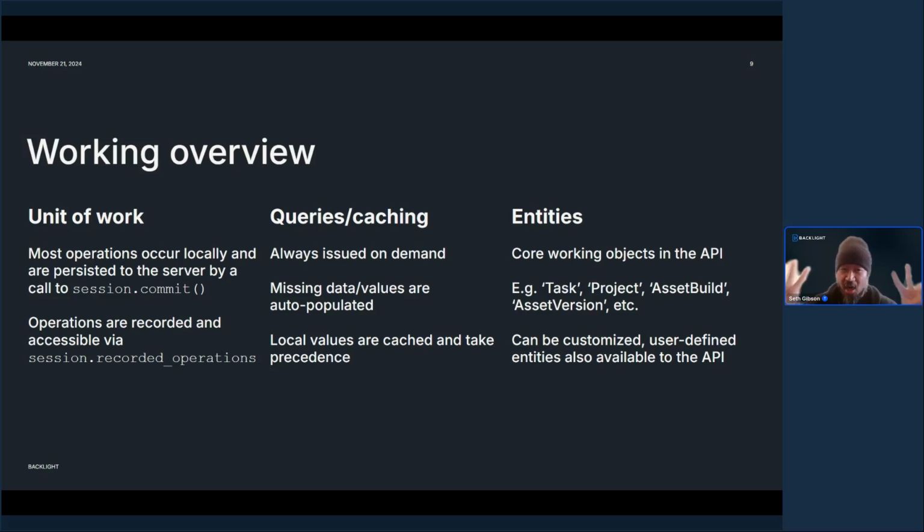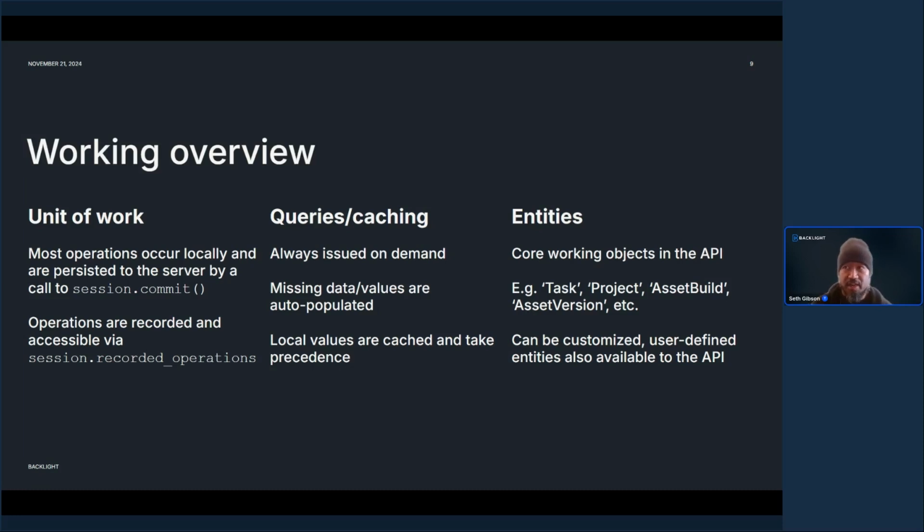So that's on demand, but it's not a query per se, in that you're not saying session.query. This is something the server does, and this is where we start to get into some of the interesting performance caveats with Ftrack, but we do have some ways around that, and we'll look at that as we get further into queries.